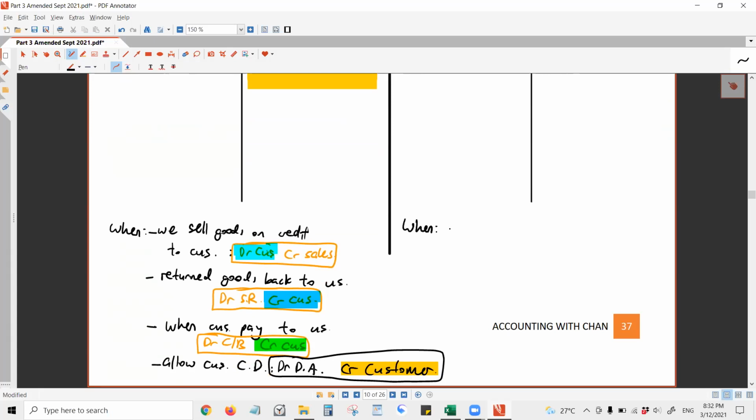When we buy goods on credit from a supplier, the double entries are: you have to credit supplier account, which is what we learned earlier, right? Credit supplier account, then debit purchases.